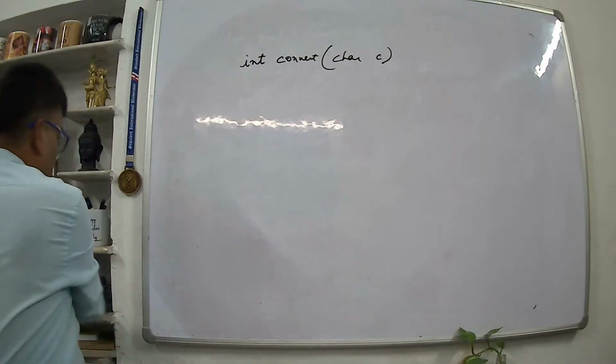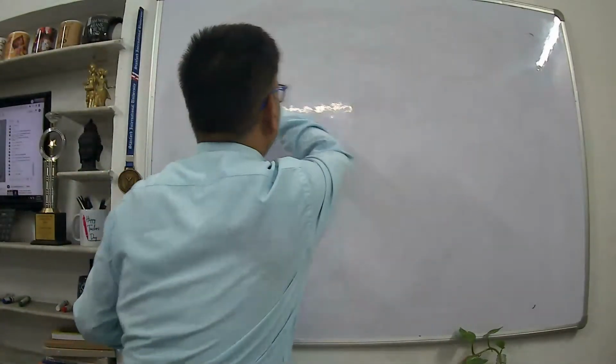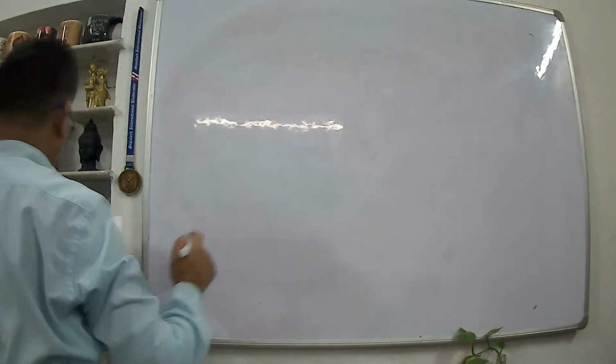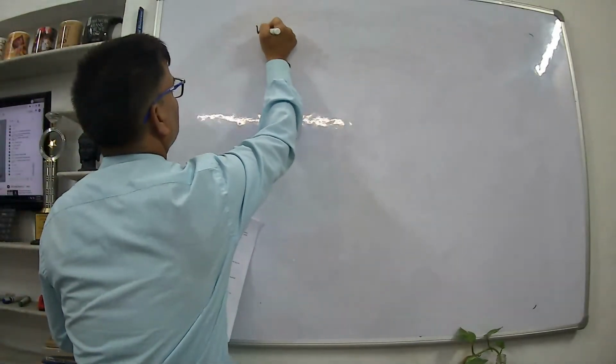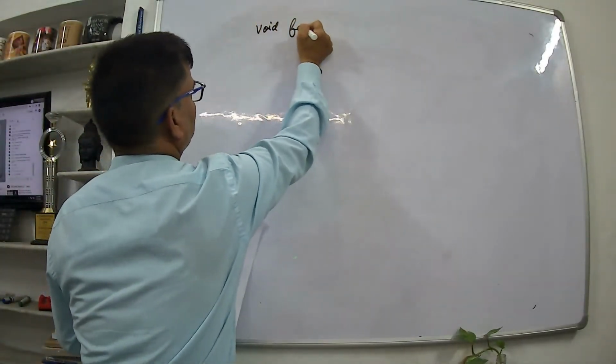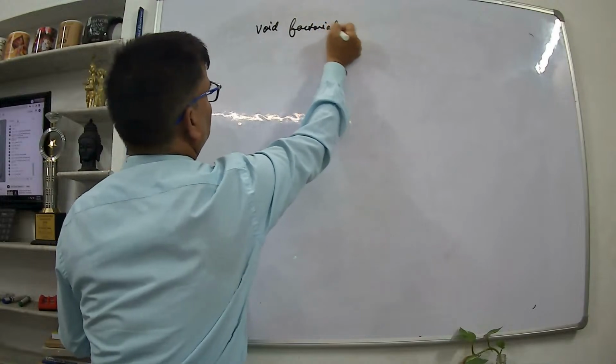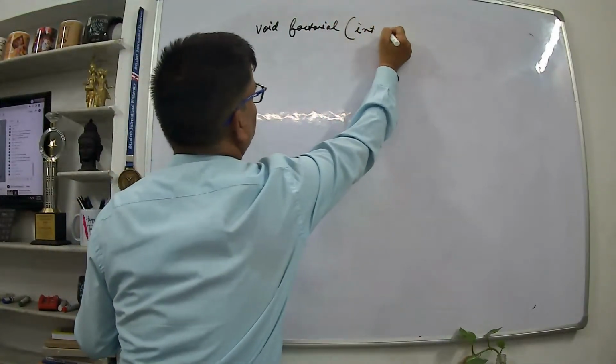Okay, one more thing here, at times you can also get questions like this. For example, I say void factorial int n.